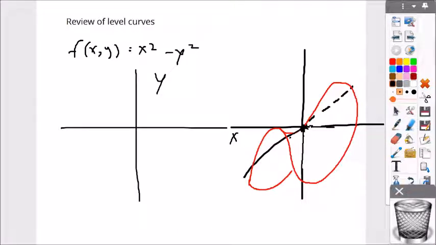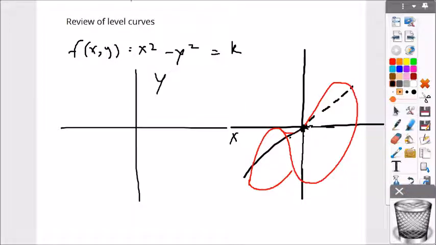Now, what's a level curve? We've done level curves already in the first episode of this chapter, but we're going to review them. Level curves is when you set a function like this, a hyperbolic paraboloid, equal to a constant, k or c, and then we evaluate each constant in each scenario.